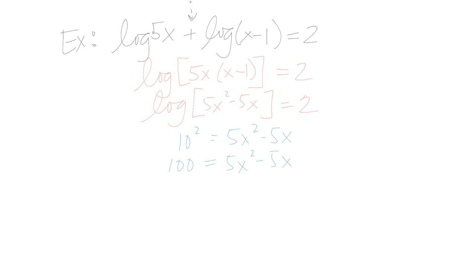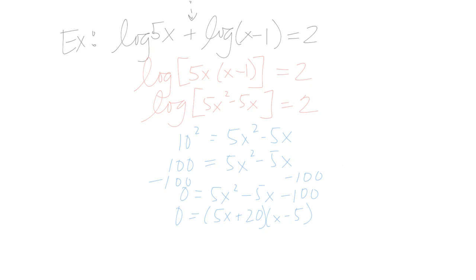And then I'm going to get everything on one side since this is quadratic. So I'm going to subtract 100 from both sides. And then I have 0 equals 5x squared minus 5x minus 100. And from here I'm going to have to factor. This is factorable. So it factors into 5x plus 20 times x minus 5.